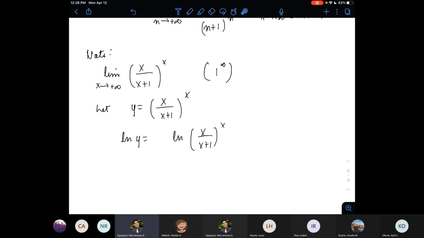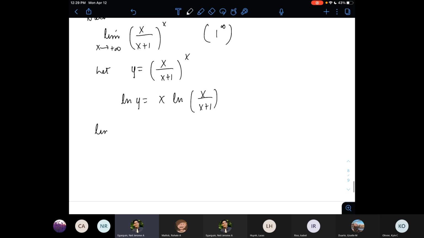All right. And we do that because here I have an exponent inside the natural log. So this exponent can come down as a coefficient. So essentially, instead of an exponent there, I can have the x in front of this, right?